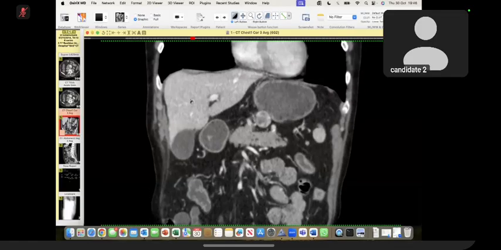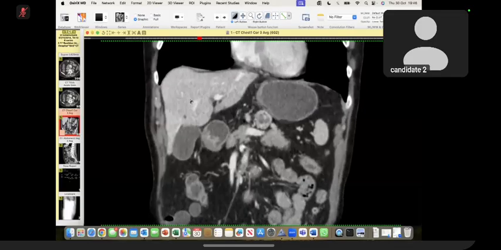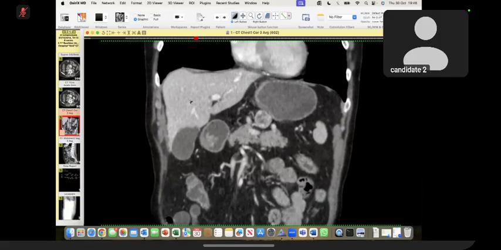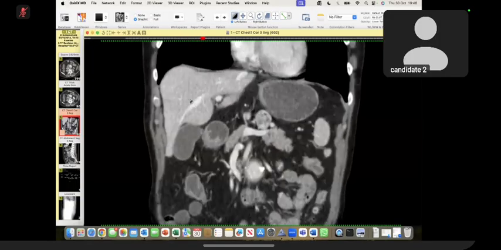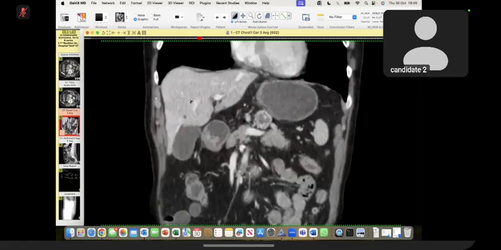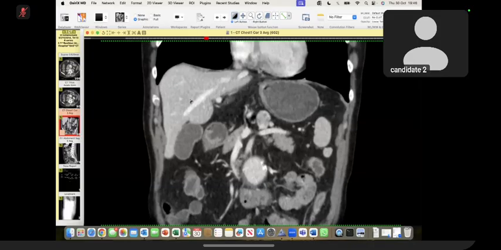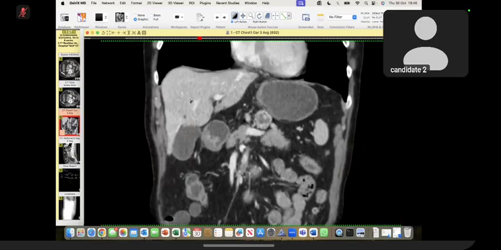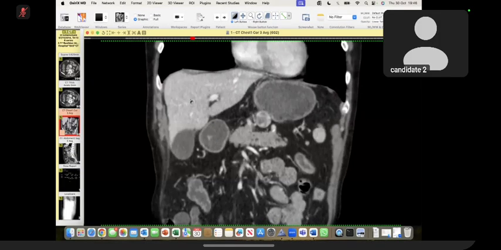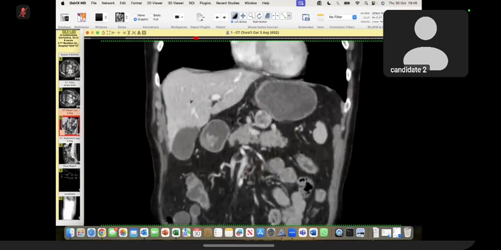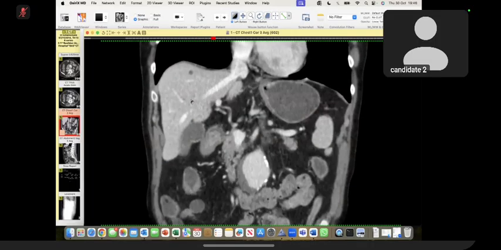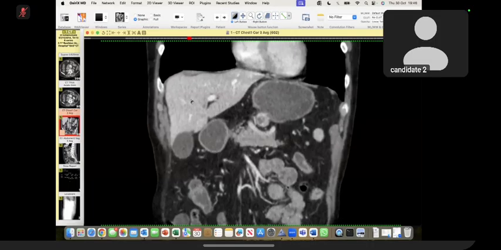I'll review the previous images as well to look if it's a new pathology. I'll discuss my findings with the referring physician, and this case needs discussion in MDT as well for further management.